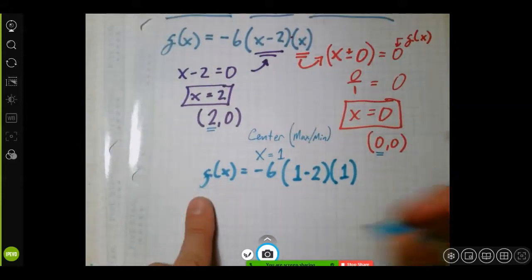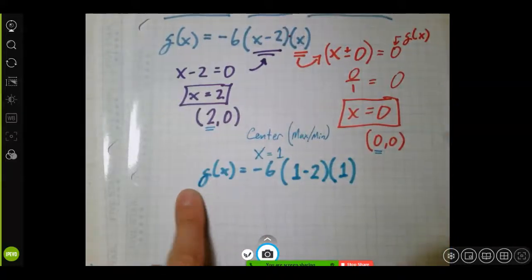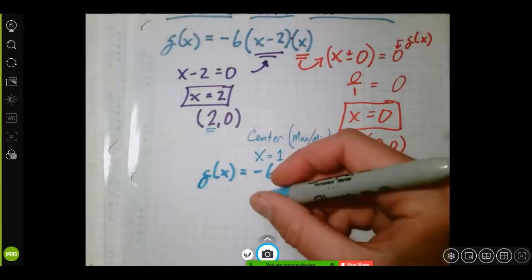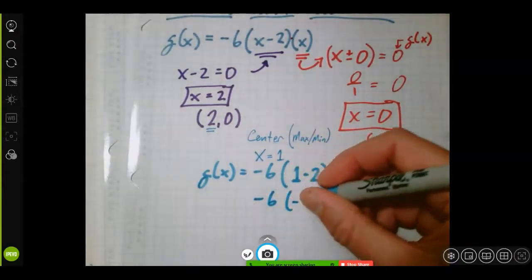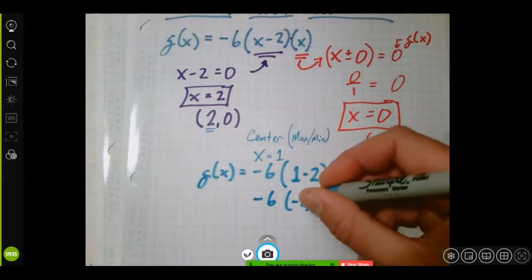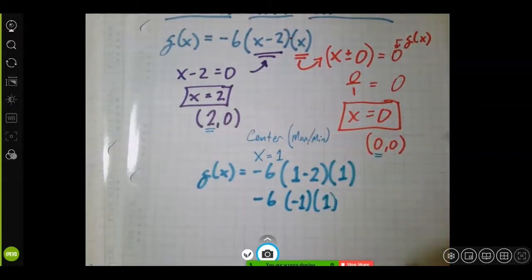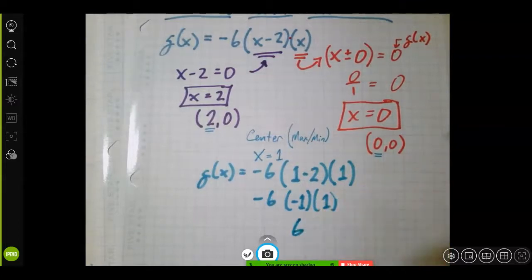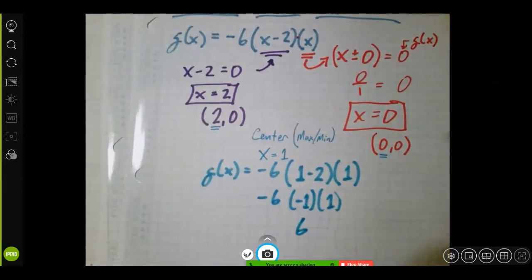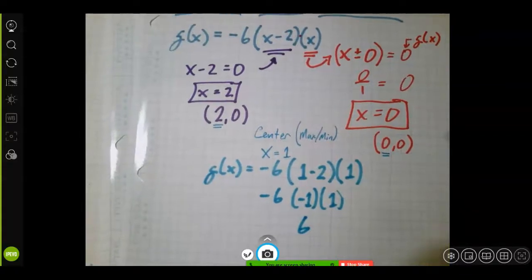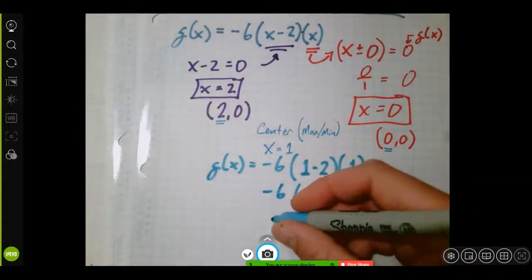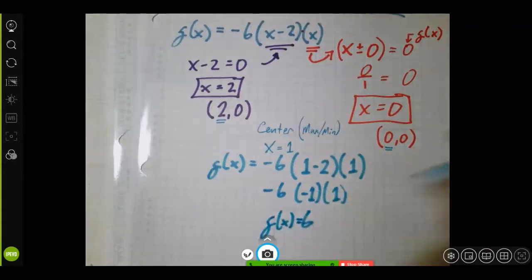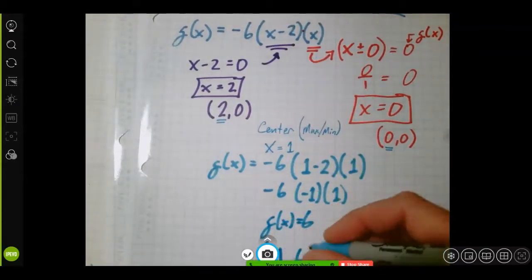So g of x equals, well, I got to solve this now. Negative 6, 1 minus 2 is negative 1. Okay, negative times positive. Our answer is going to be positive, so I'm just not going to write anything down. 6 times 1 times 1, 6, right? Any issues? Did I make any mistakes? So our point now, since that's our g of x, or our y, our point from there is 1, 6.